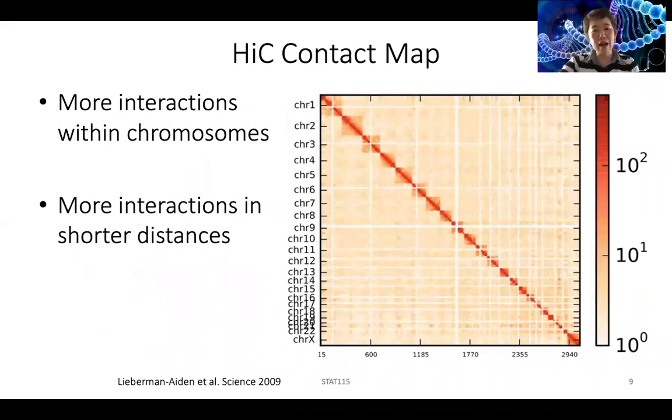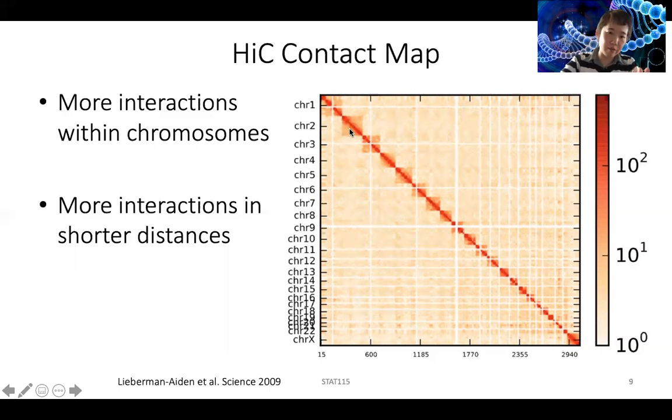Okay, so roughly you can see each chromosome is this little square. And within this, by the way, if it's really red, it means there are more interactions. But if it's white, it means it's unmappable, because at the end of the chromosome, usually there are many repeats you can't map. If it's light orange, it means there are not so many interactions.